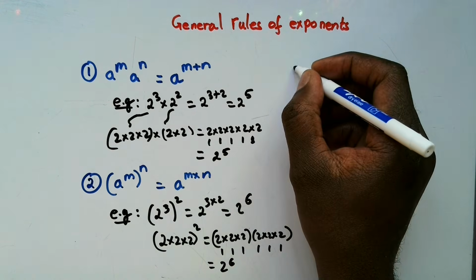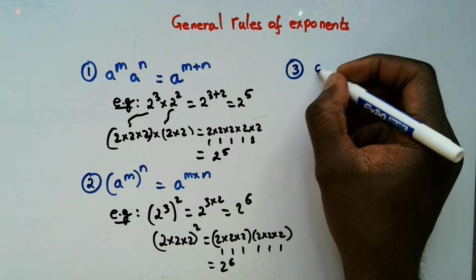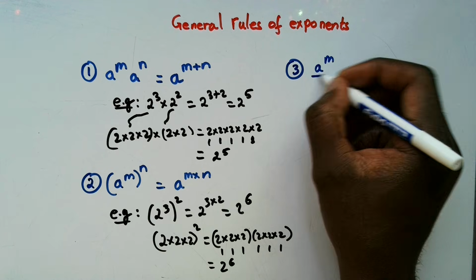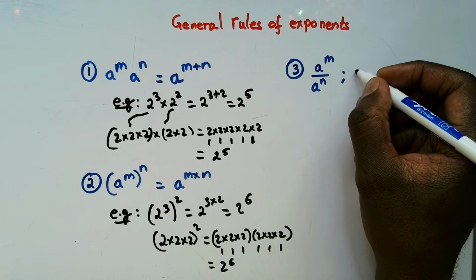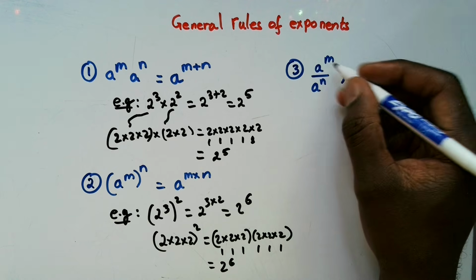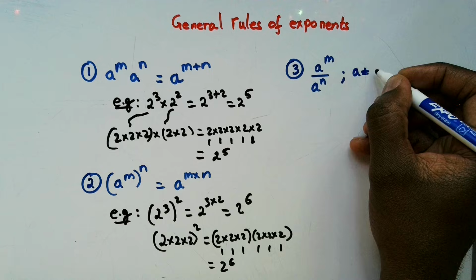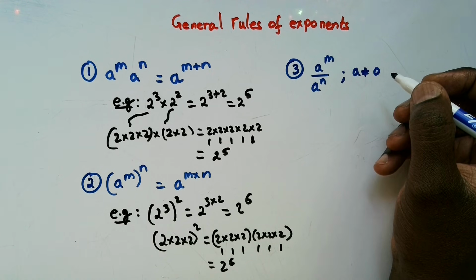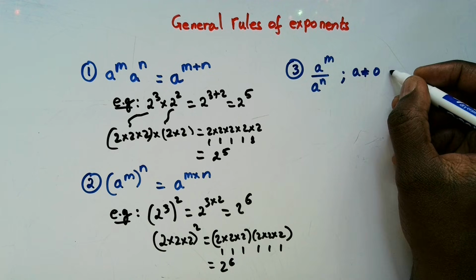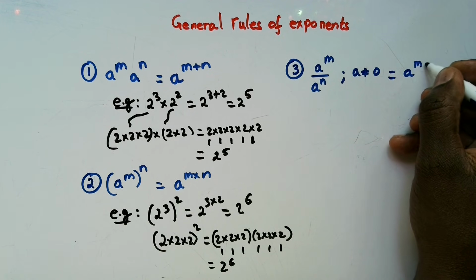Now, the third general rule, you see here. If we have a to some m power over a to some n power, the caveat or limitation being that a must be different from 0, because we don't divide by 0, then this is going to be equal to a to the power m minus n.